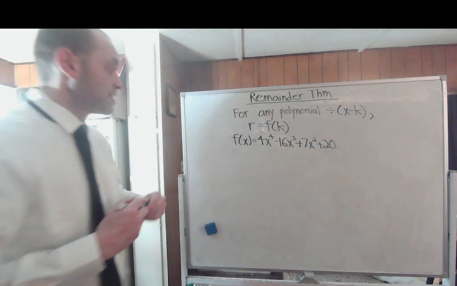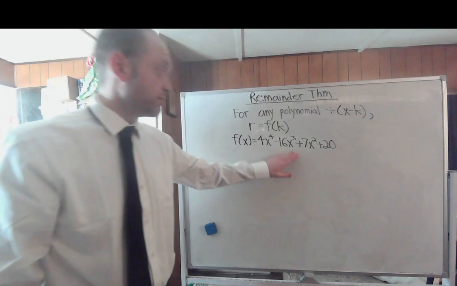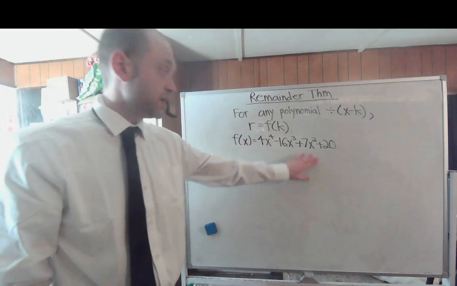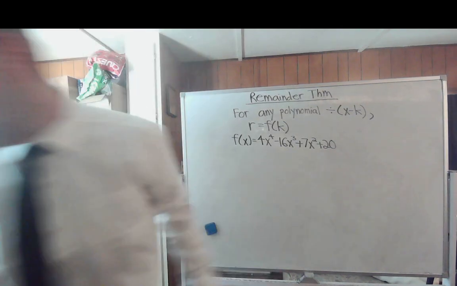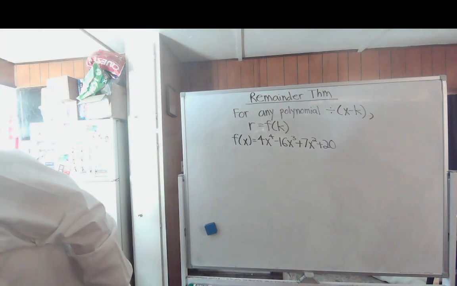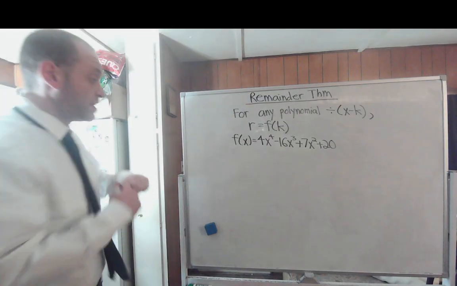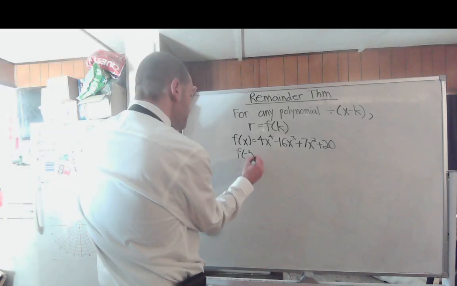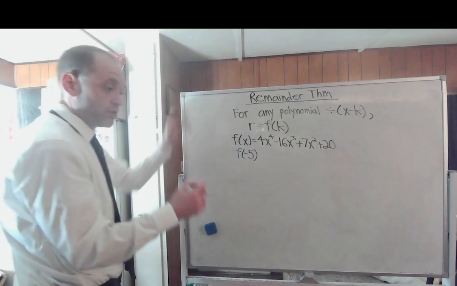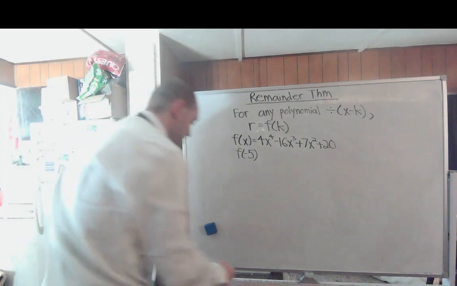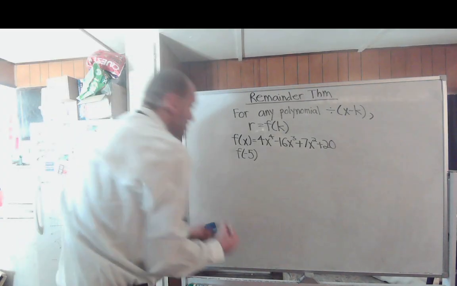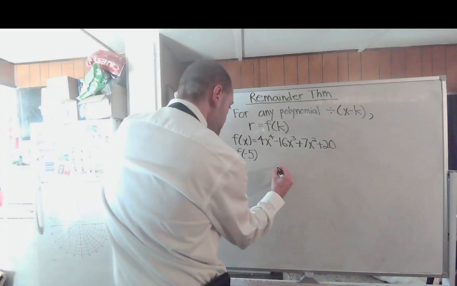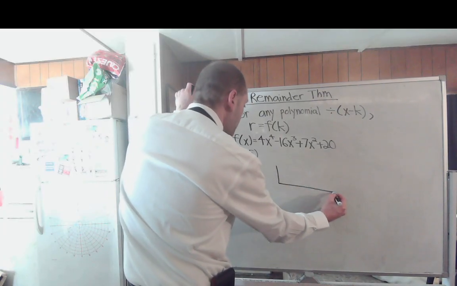So f of x equals 4x to the fourth minus 16x to the third plus 7x squared plus 20. And this time, let's find f of -5. And for this one, I think you'll be glad we're using synthetic substitution instead. So go ahead, let's do our synthetic division table here.